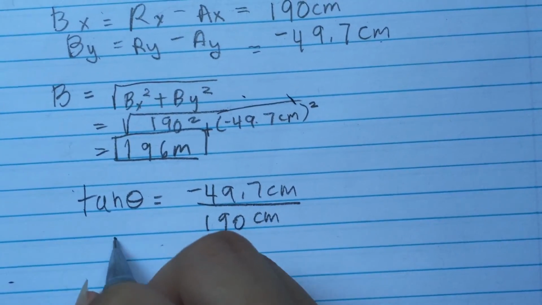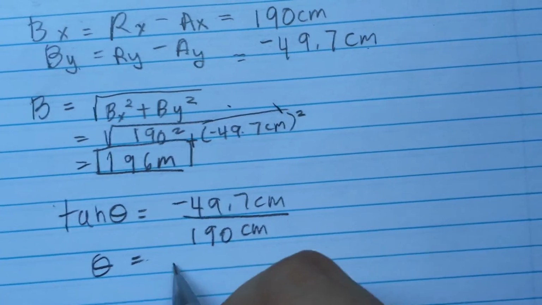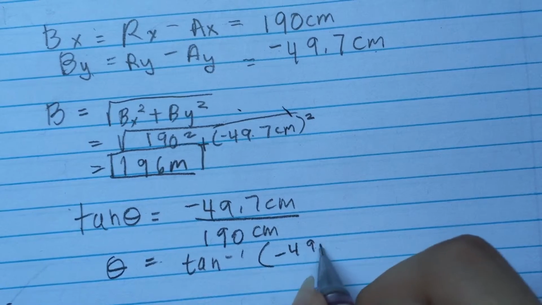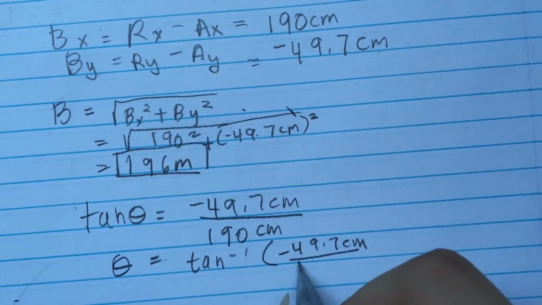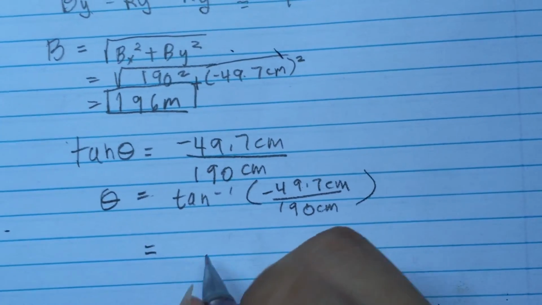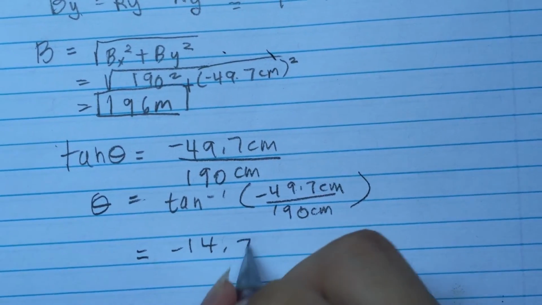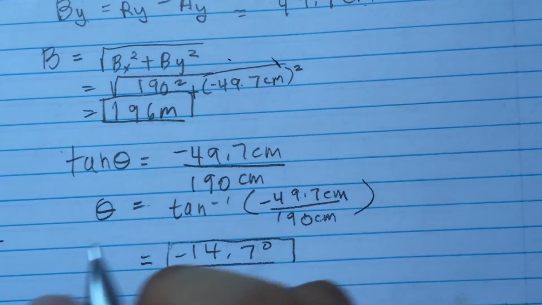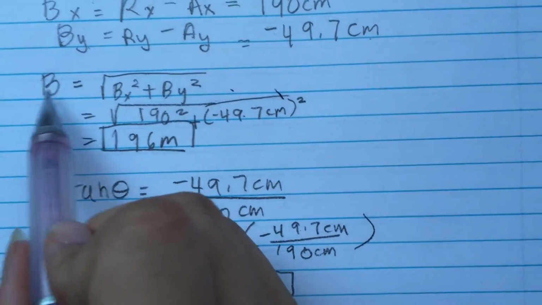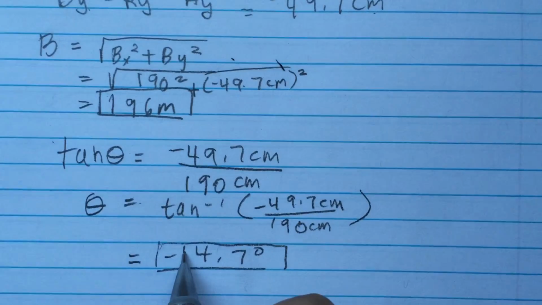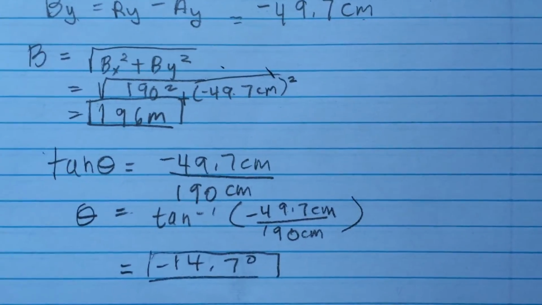And we're just going to take the inverse tangent of this fraction to find theta. And if we calculate that, we're going to get negative 14.7 degrees. So the magnitude of B is 196 centimeters, 14.7 degrees below the positive x direction.